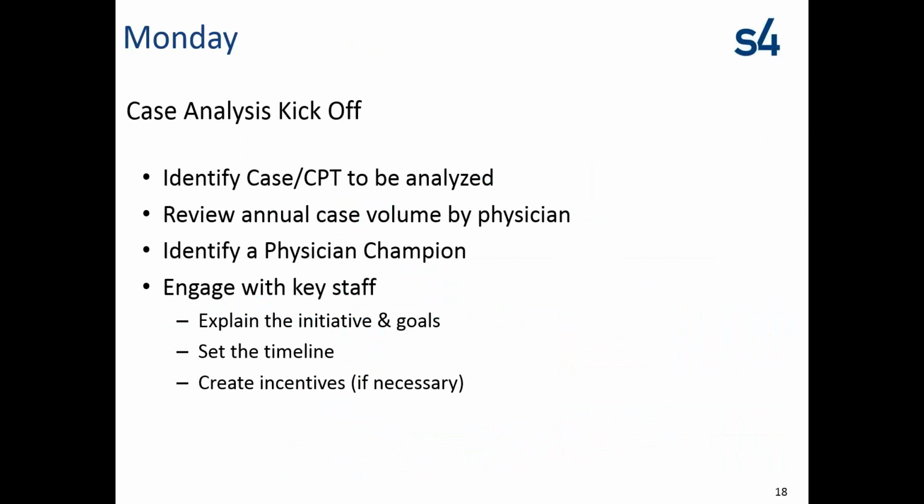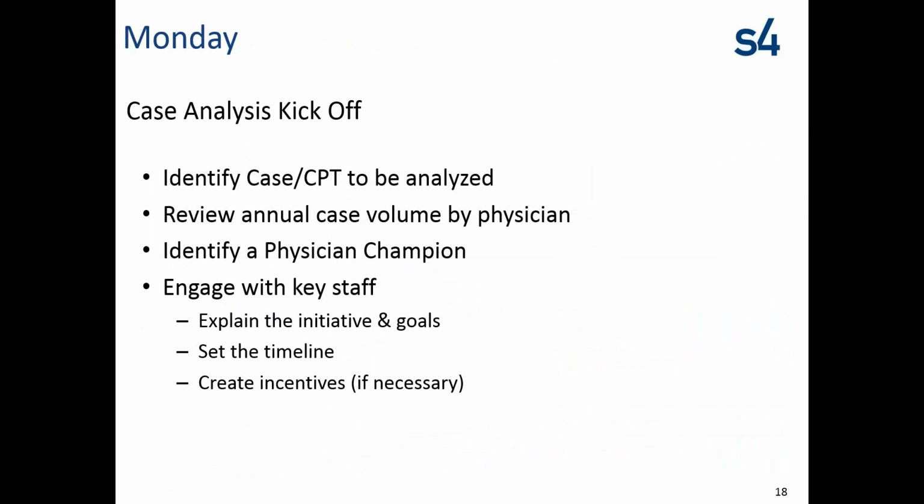Let's review our annual case volume by physician, and then identify our physician champion. This doesn't have to be the physician that performs the most cases. What we're looking for in our physician champion is the person that can best affect our outcome, the person that can influence other physicians to make this change. And then we want to engage with our key staff.